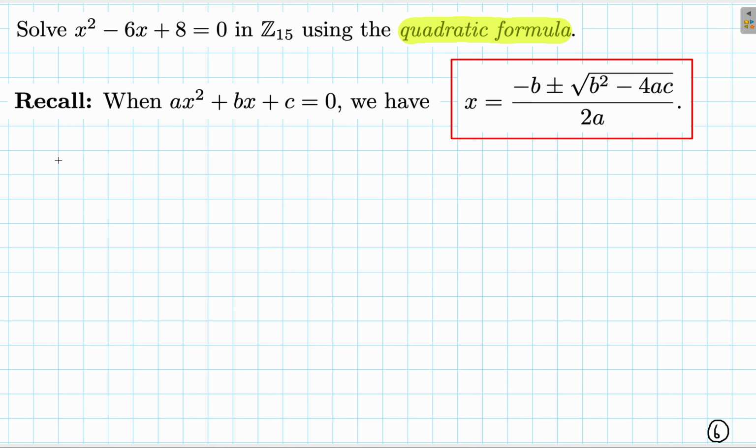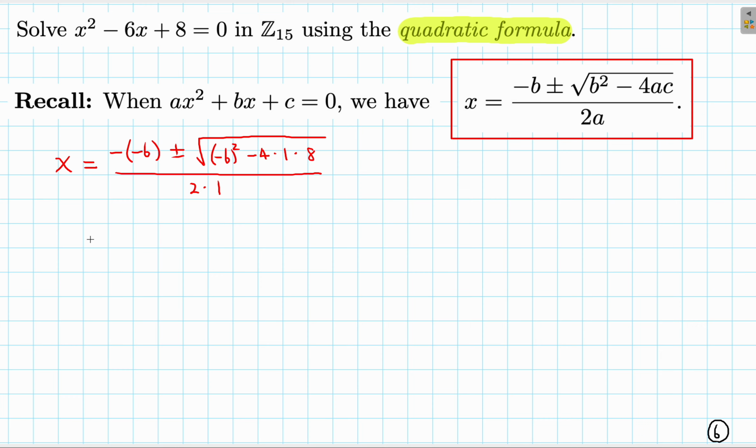So using the quadratic formula, we get x is equal to negative minus 6, that's b, plus or minus the square root of negative 6 squared minus 4 times 1 times 8 all over 2 times 1.